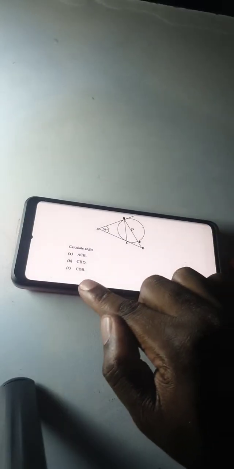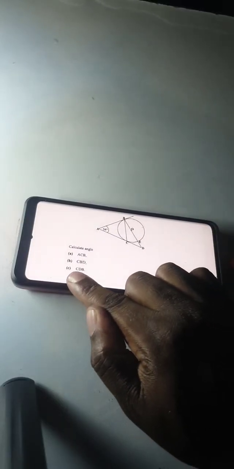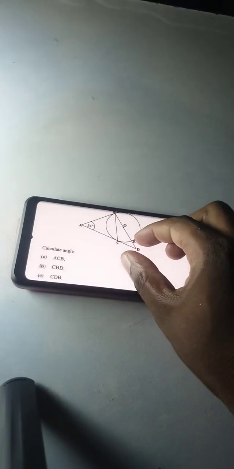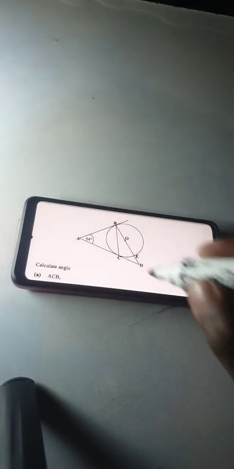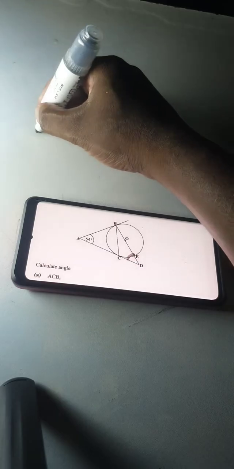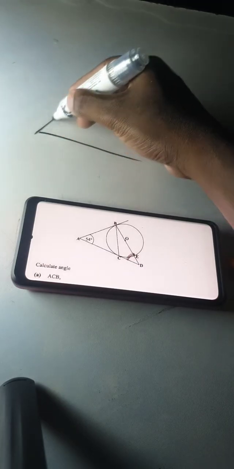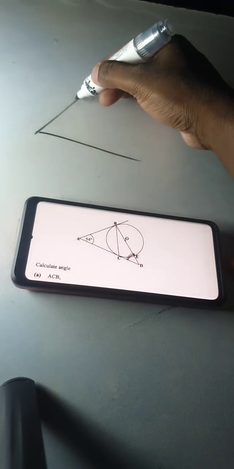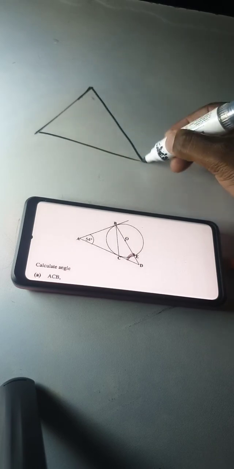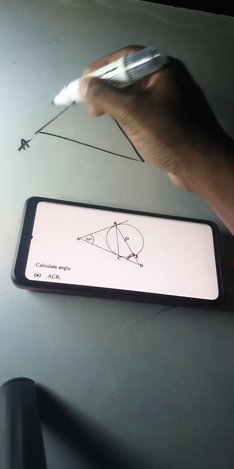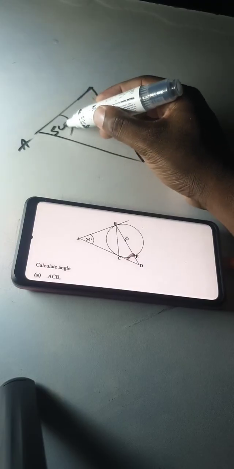The last question is saying find CDB. C is right here, D is there, B. So the angle in question is this. Again, we do it the way we did earlier. We have A, whose angle is 54.